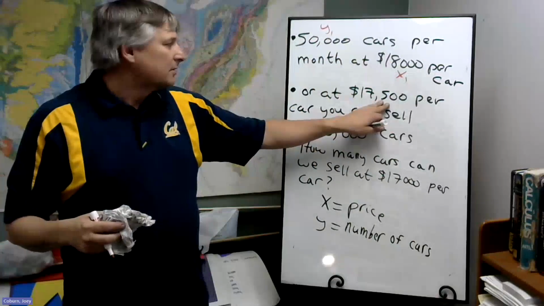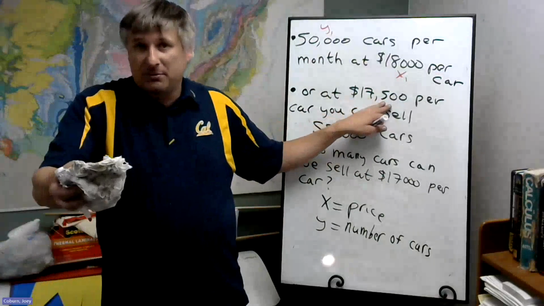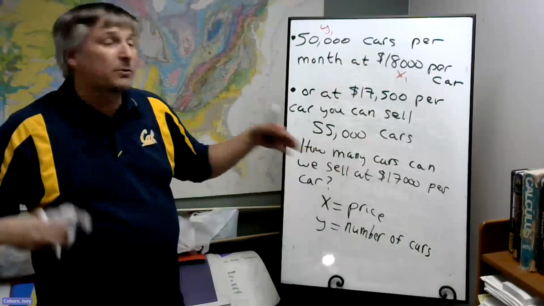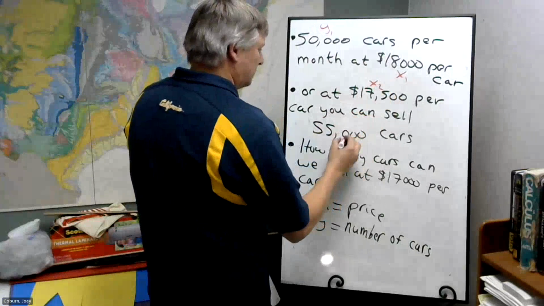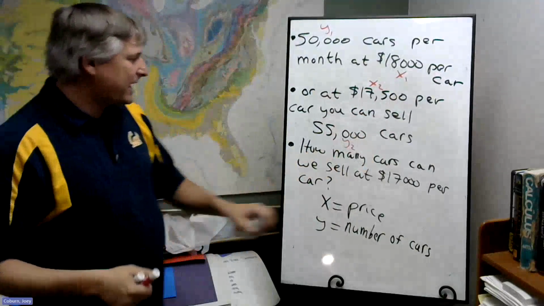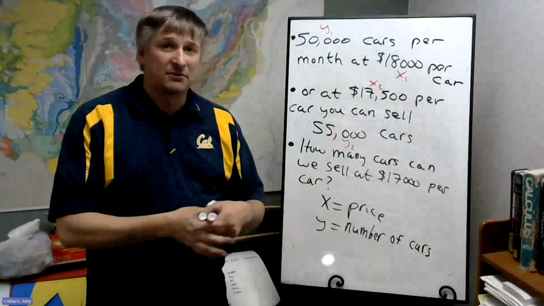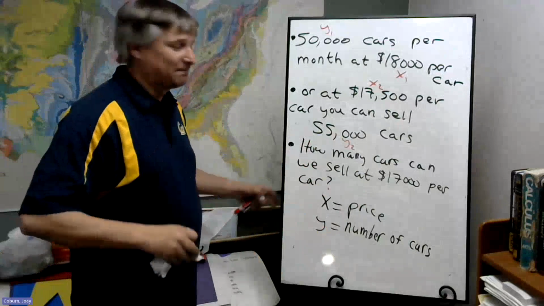Here's a price. Here's a number of cars. The cause, we chose this to be the price, and then here's the number of cars we were able to sell. So I'll call this X2, Y2. And we're going to answer this question about $17,000, another choice we can make for an input.